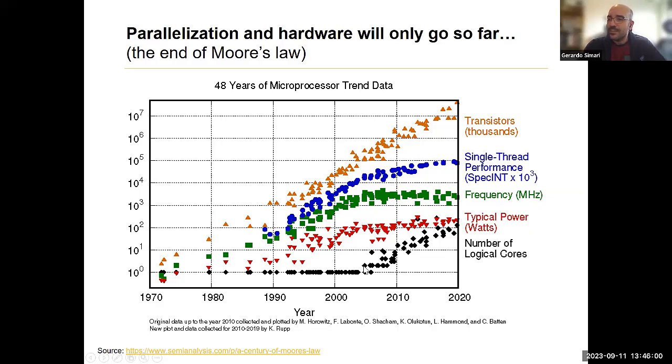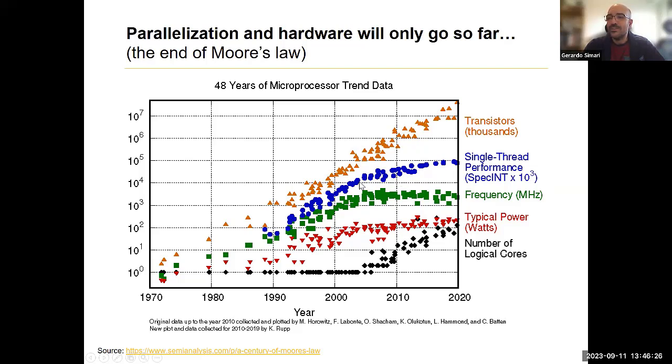And it's pretty interesting to see how this coincides with single thread performance starting to change. The curve started not growing so fast, right?